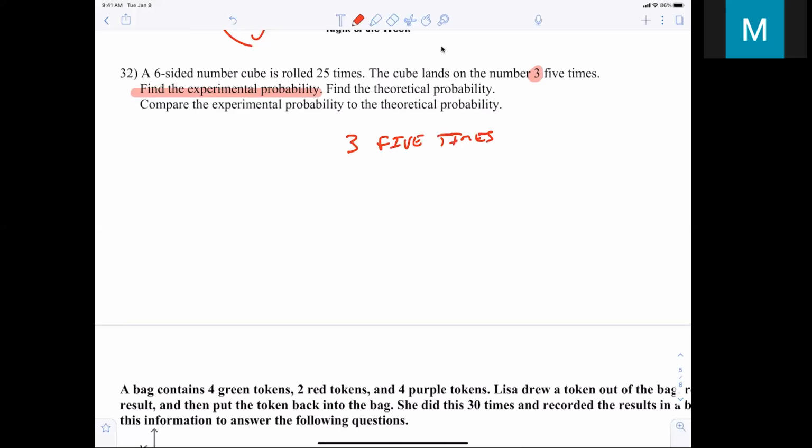Yes, 5 out of 25. I'm sorry, I wasn't sure if I heard you correctly. And then that reduces to what? 1/5. All right. Now, what is the theoretical probability of throwing a 3?